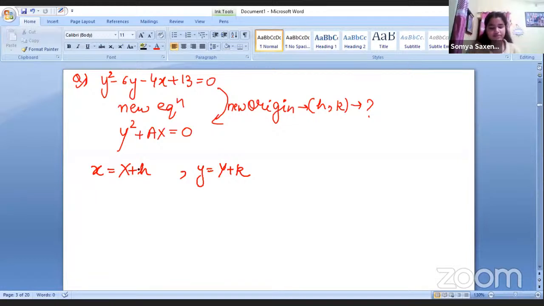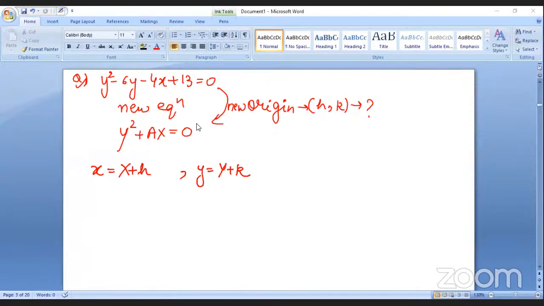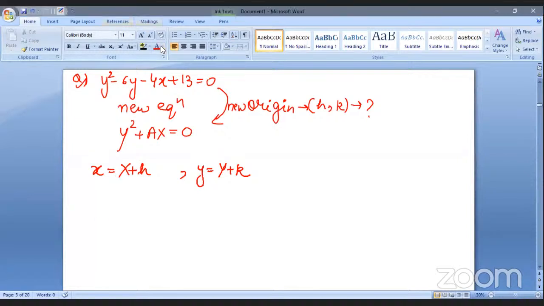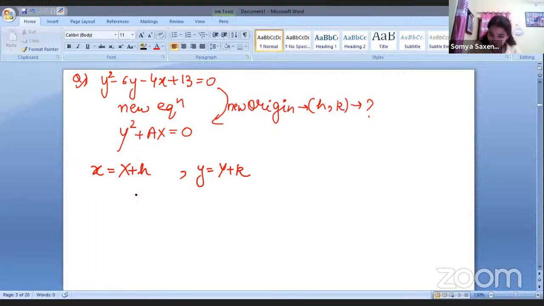So we have to start from the old equation and come to the new equation. That is why we have found the values of small x comma y, right? Now we will put these two values in this existing equation. So y square, small y is this. So we'll just keep the capital values here, whatever we have found.